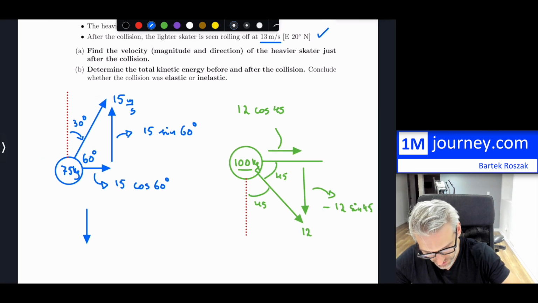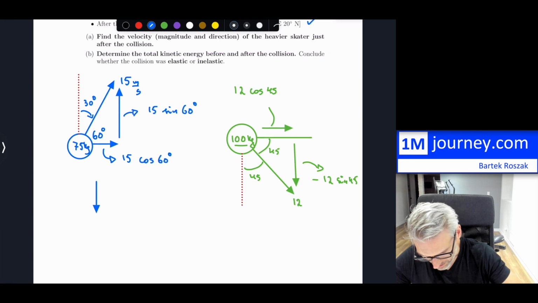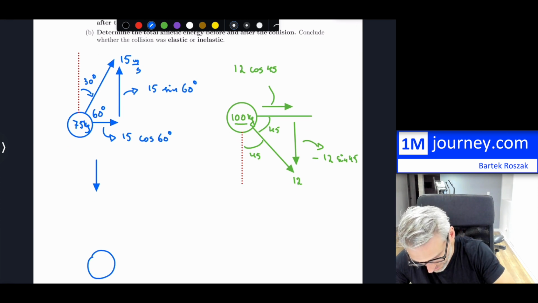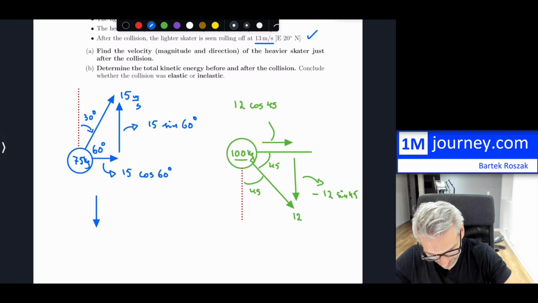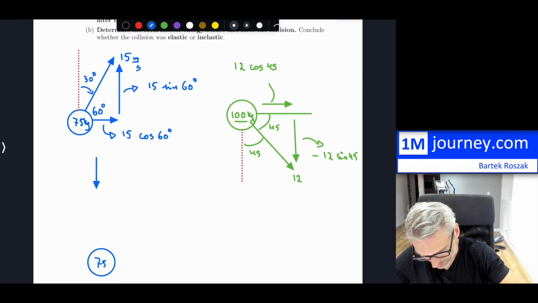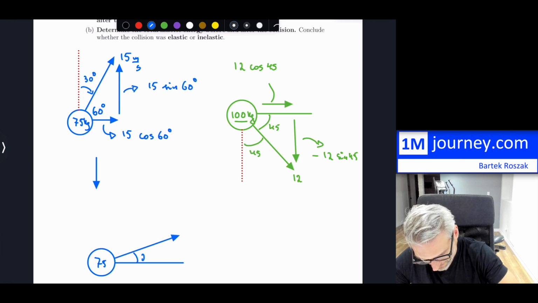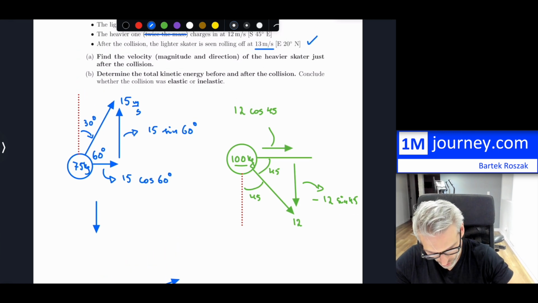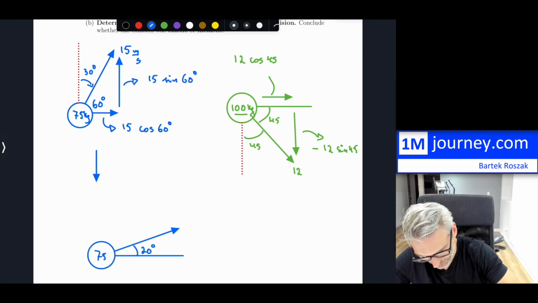How that happens is a different story. That lighter skater is 75 kilograms, starting from east and going north, at 20 degrees, at 13 meters per second.